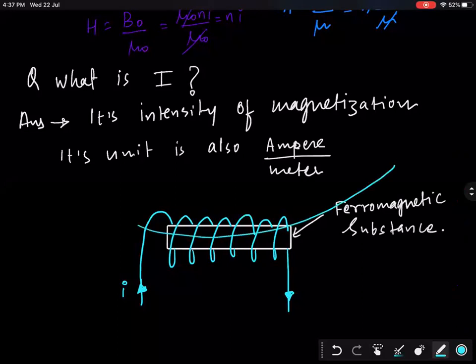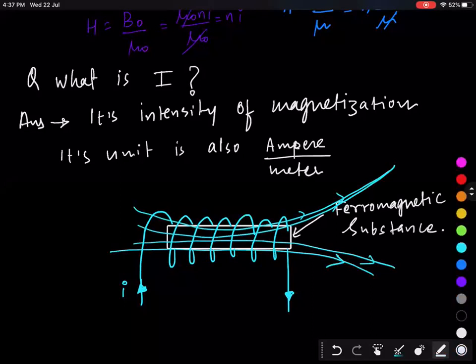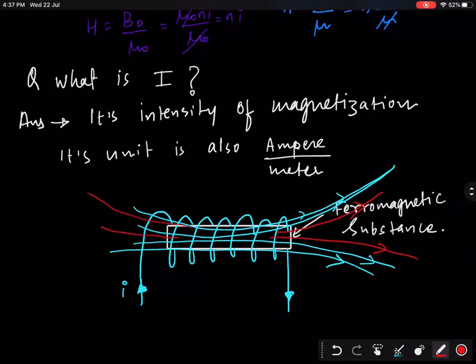Can you see the magnetic field lines due to the external magnet? Do you agree? Yes, sir. After some time, what will you observe? Another magnetic field, right?